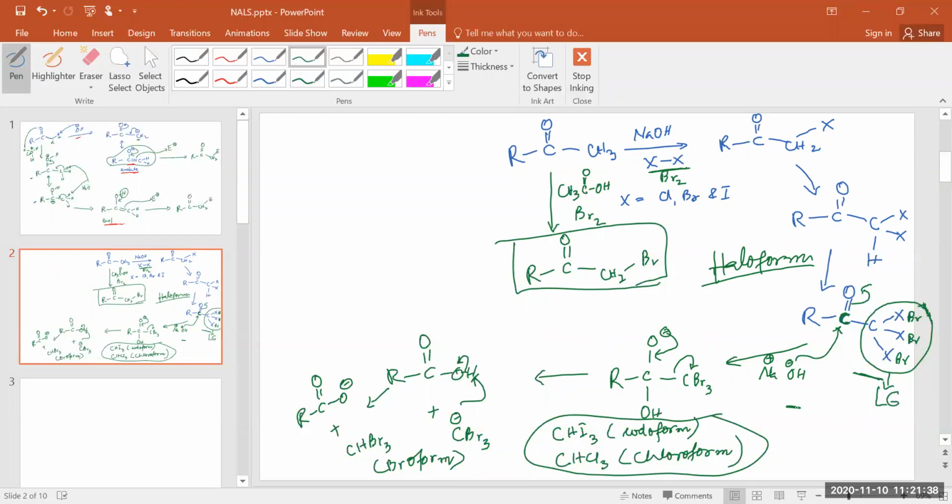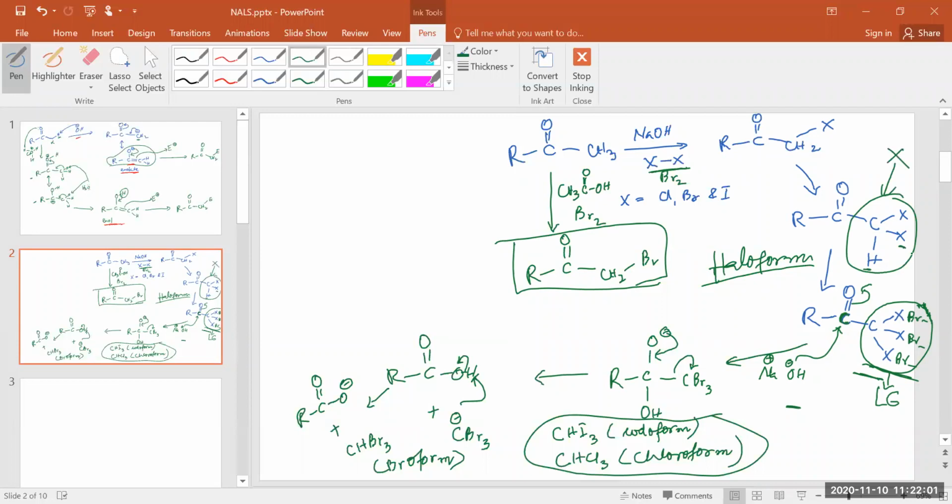So what is the basic thing? Another important point, remember: to become a leaving group, you need to have 3 halogens. Then only it will be a leaving group. Suppose you stop the reaction here, you have 1 hydrogen and only 2 halogens, this is not a leaving group.